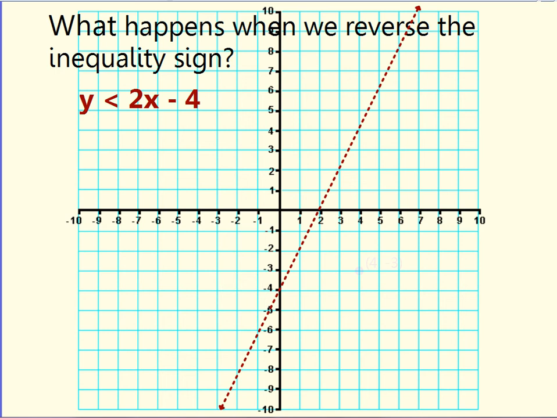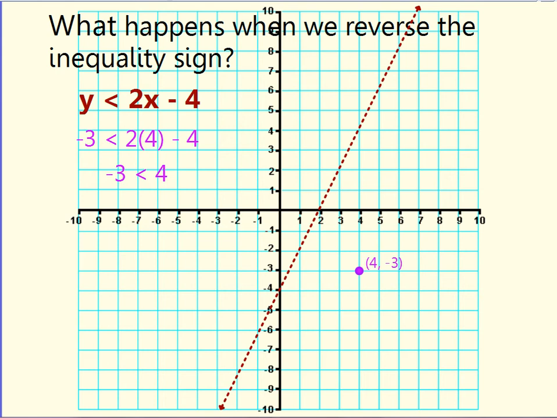And now we're going to pick a test point. I'm going to pick the point (4, -3). This is in the section of graph that was not part of our solution before. Plugging those values into my original inequality and simplifying, I get -3 is less than 4.